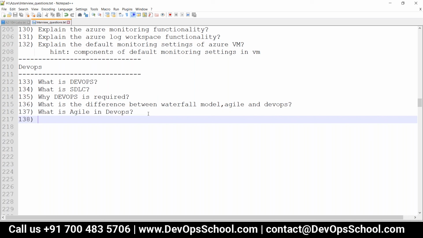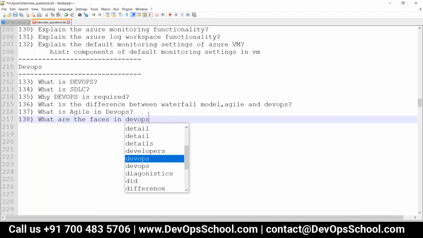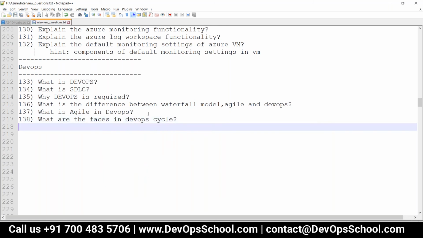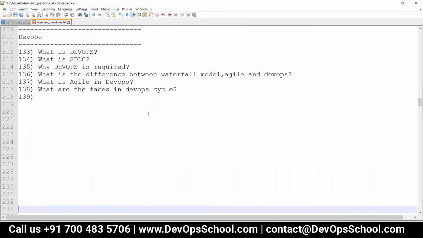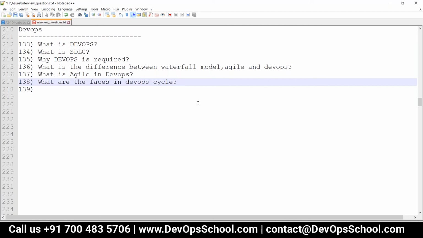What are the phases involved in DevOps? Planning, coding... No, that is build. Those are the DevOps life cycle phases. And what are the phases involved in DevOps, not the DevOps life cycle?